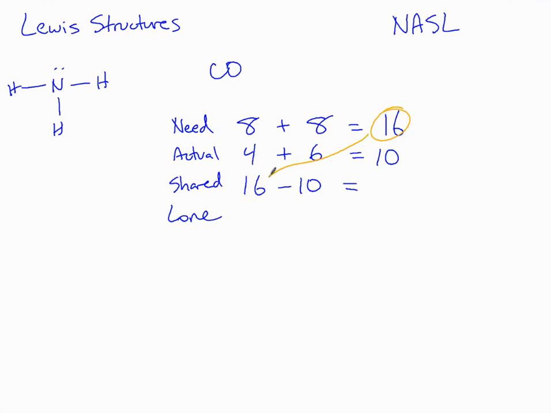That's this number minus this number. 6. And how many lone pairs or how many lone electrons do we have? That's 10 minus 6.